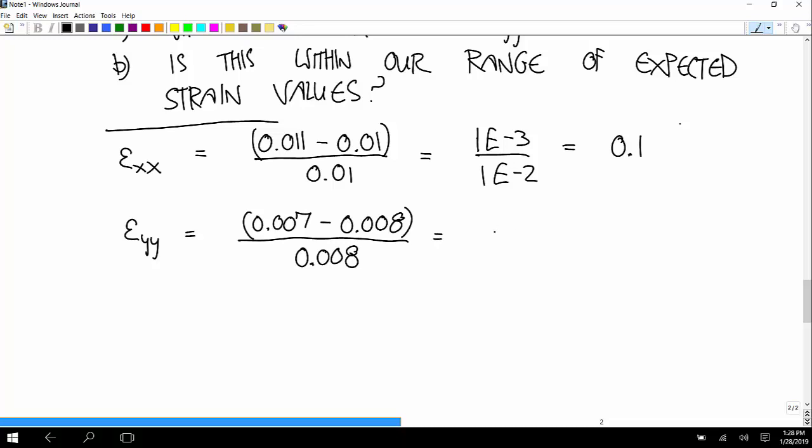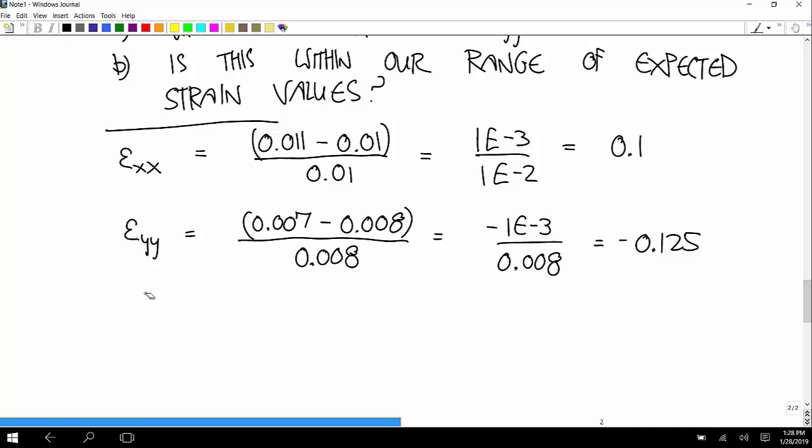And so you get negative 1 times 10 to the minus third divided by 0.008. Can someone divide that for me? So negative 0.125. Well, I should have been able to come up with that. Units? Still the same definition, so it's still unitless.